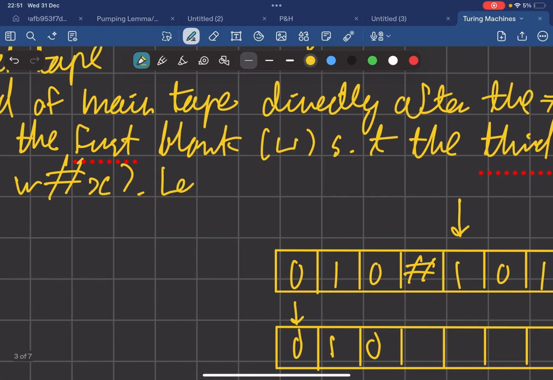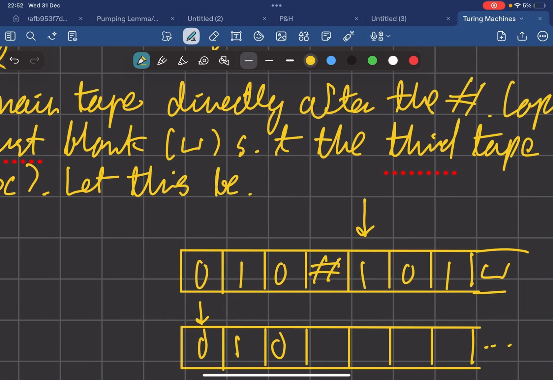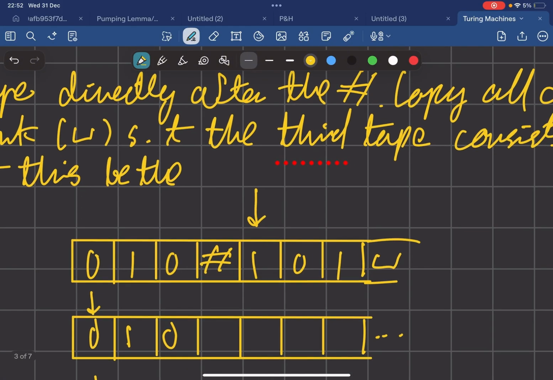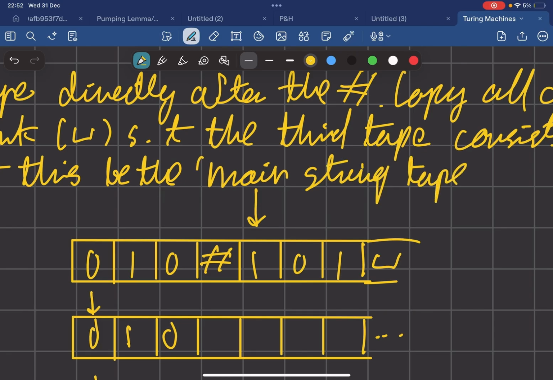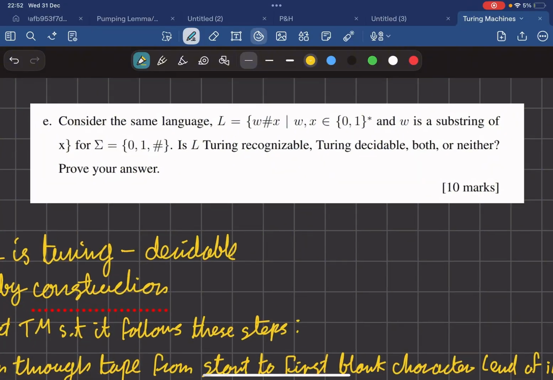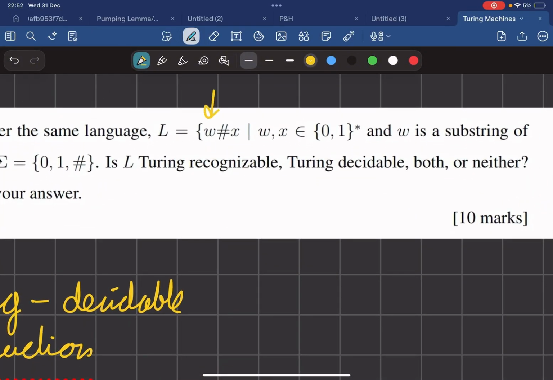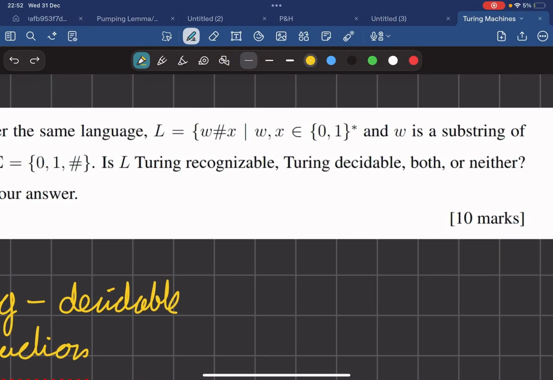So let's just give it a name, we'll call it the main string tape, because we have sort of one main string that we're trying to match the other string onto. So we're calling W the substring and X the main string.